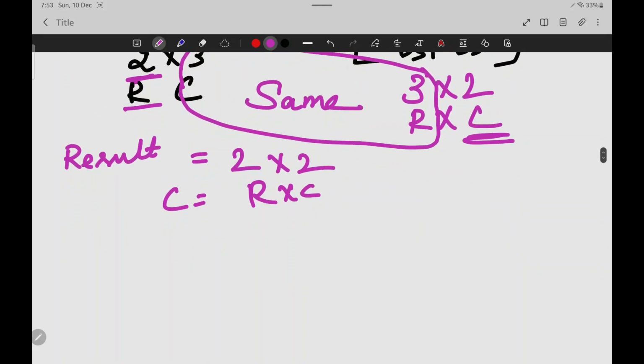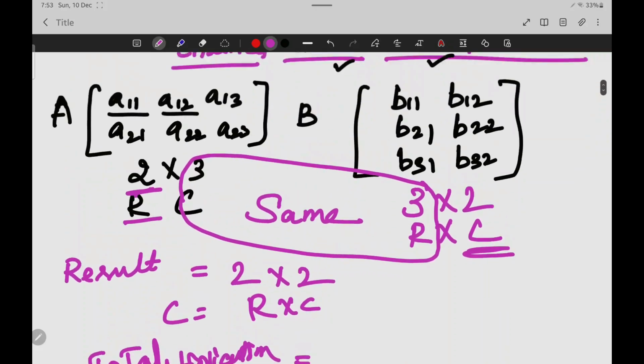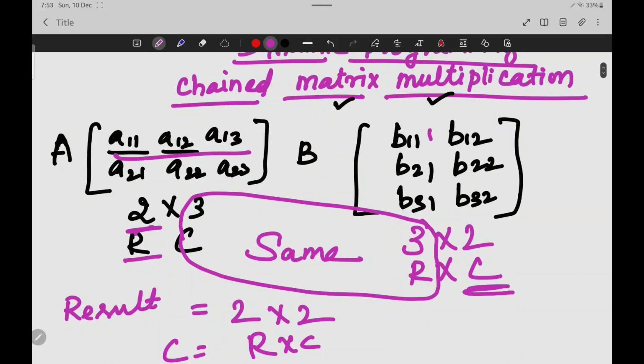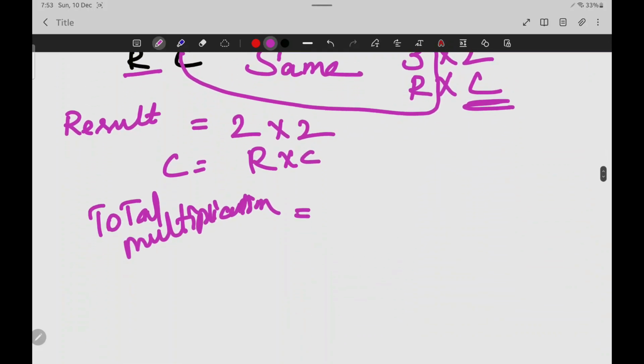Similarly, if you want to find the total number of multiplications, how do we multiply the matrices? The first row and the first column should be multiplied: A11 star B11 plus A12 star B21. Likewise, we need to do the multiplication.